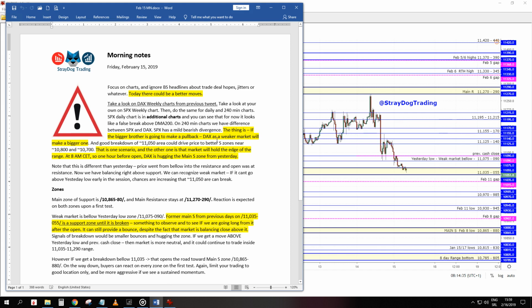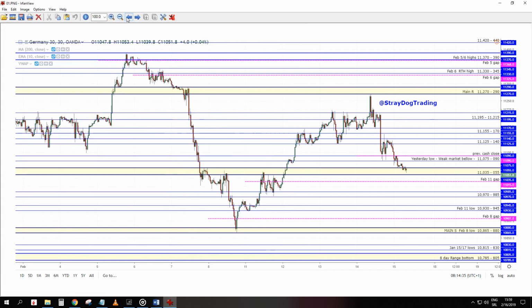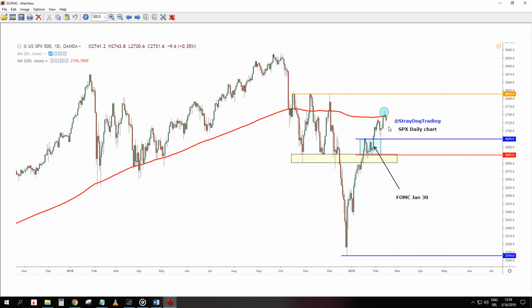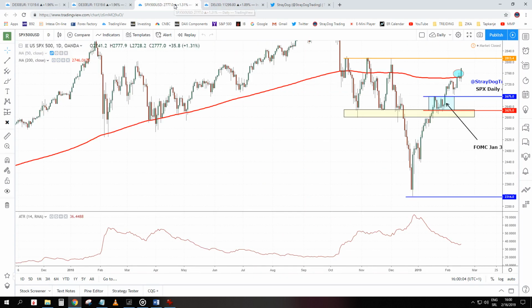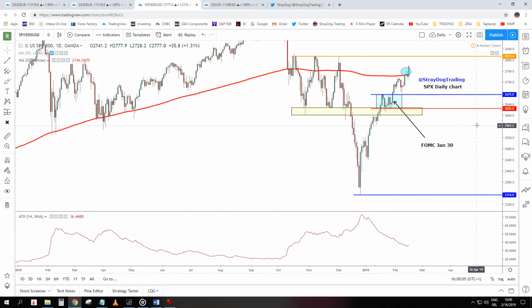And I said that the S&P, as a stronger index, if it's going to go down, as a stronger index which made this kind of move, then it would collapse DAX. But nothing of that happened really, and the S&P is now looking like this.